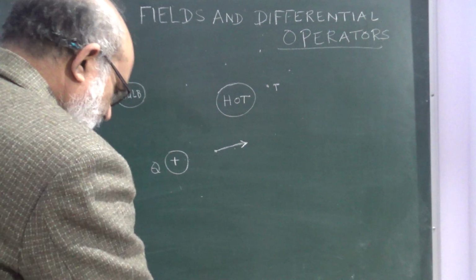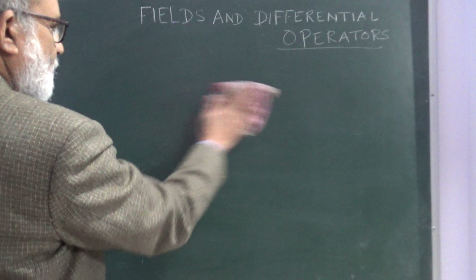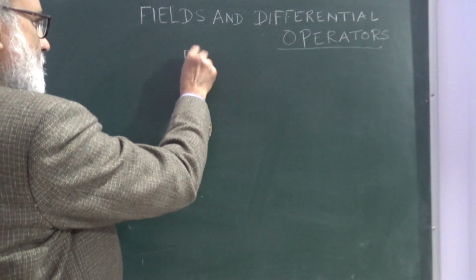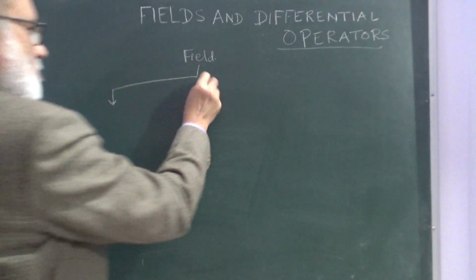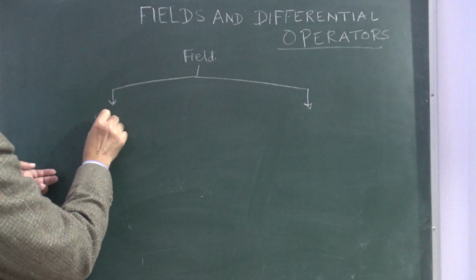So we can divide fields into two parts. The first is called scalar field.